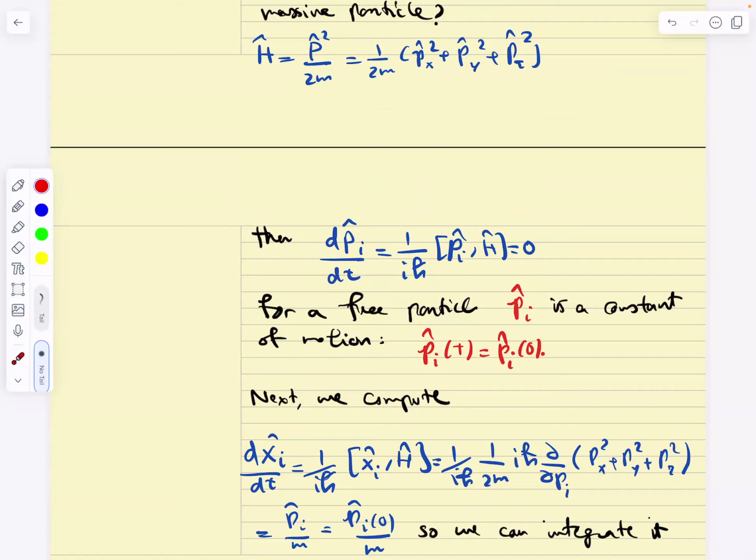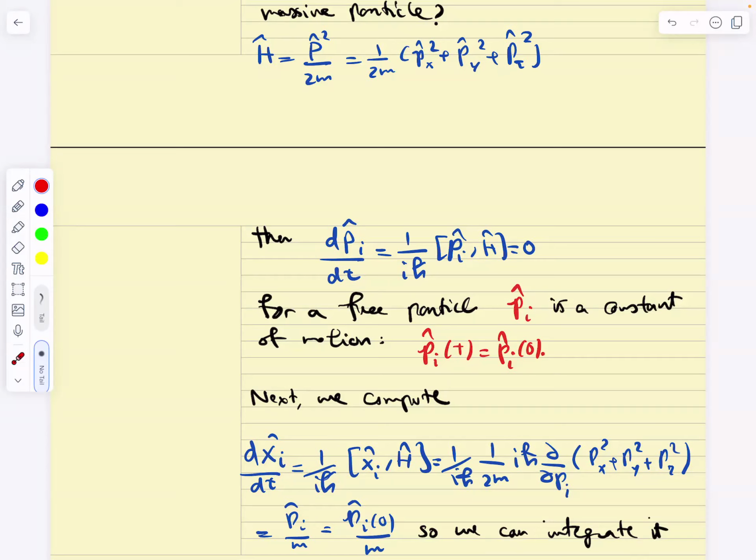Say x squared, and the commutator is px squared, 1 over 2m, py squared plus pz squared. This is an example where this is just f of px, py, pz.